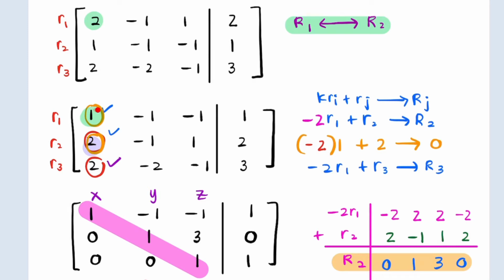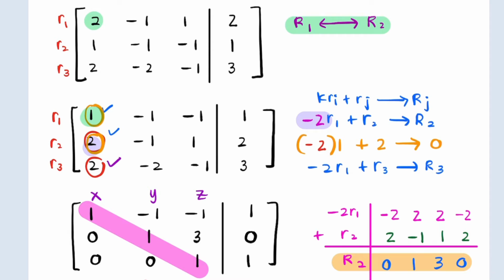Whenever you want to use this row 1, you can multiply a number that will give you the answer of 0. The answer here is negative 2, because negative 2 times 1 plus 2, you'll get 0. So this is the equation that we are finding: negative 2 times R1 plus R2 put at the new R2.